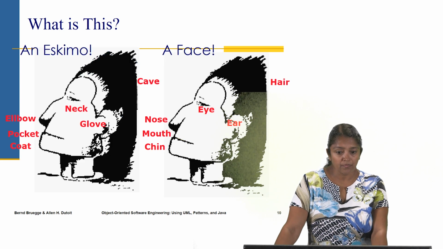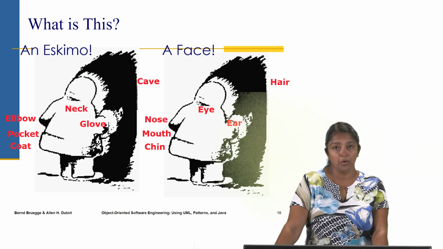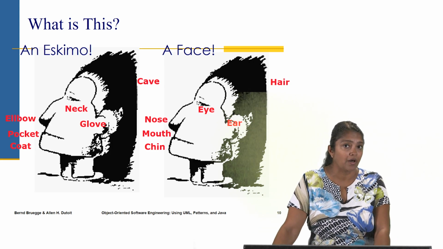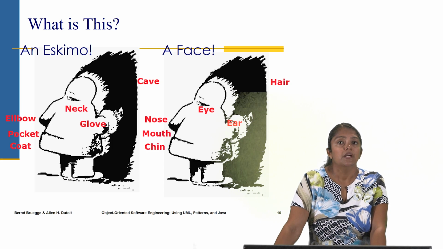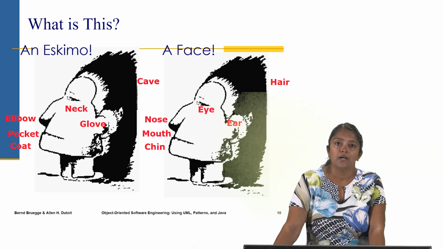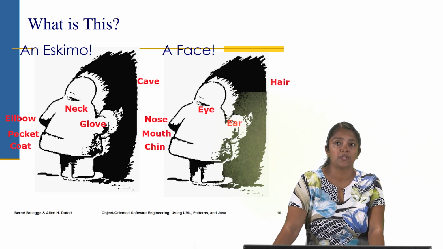So it could be anything. An Eskimo or a face, because one could argue that both of them are correct. This is where, in the real world, in the software world, this is bound to happen. There could be multiple interpretations for the same thing.